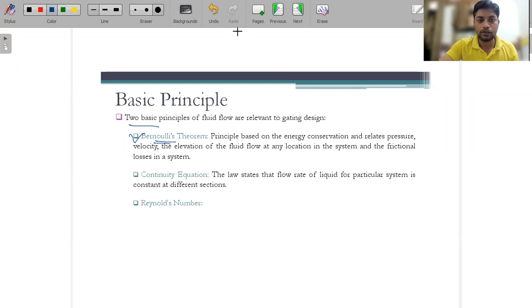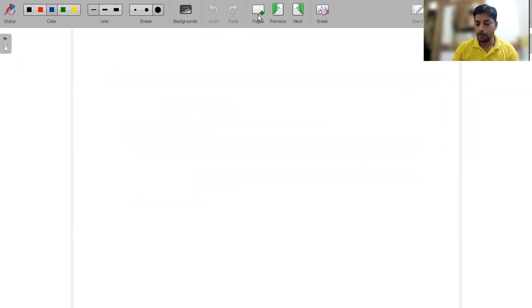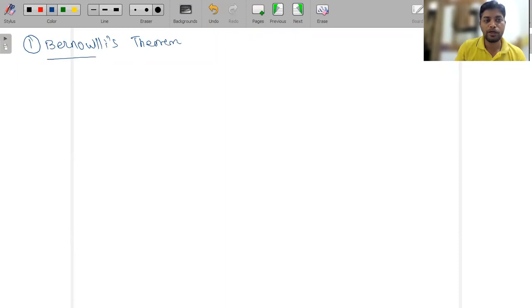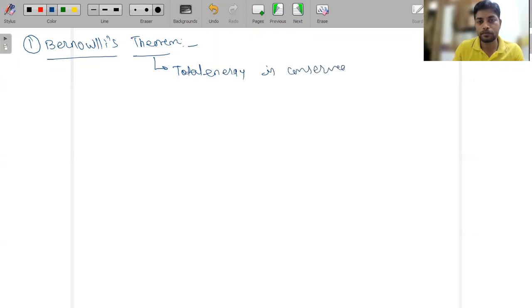It is completely based on the conservation of energy, meaning the total energy of the fluid is conserved.